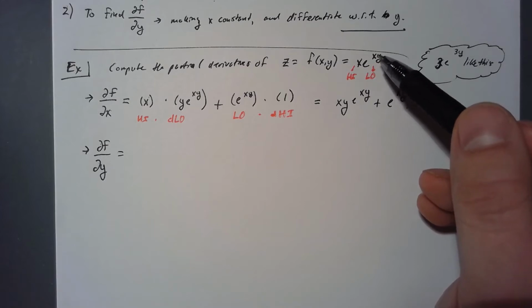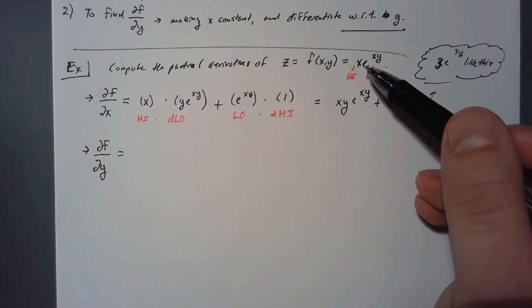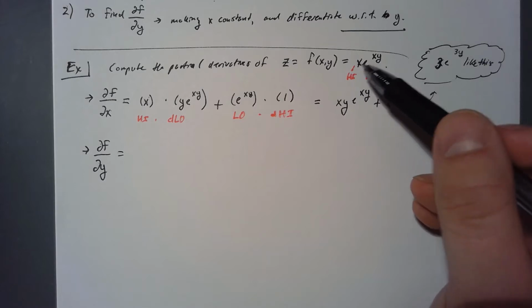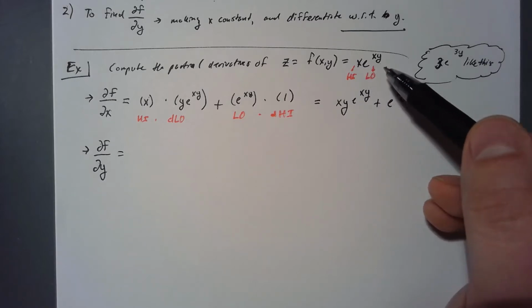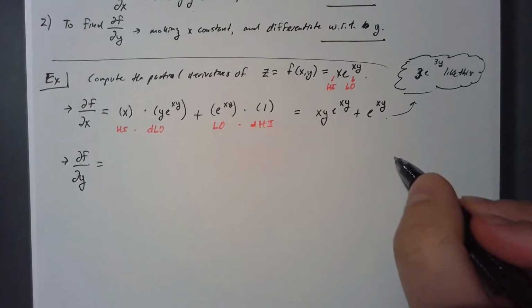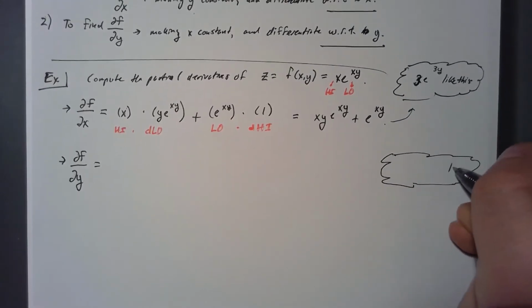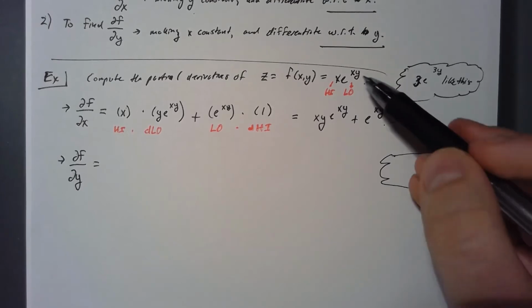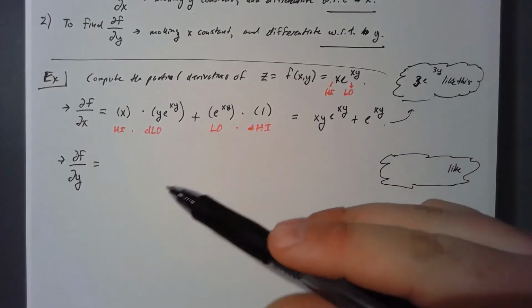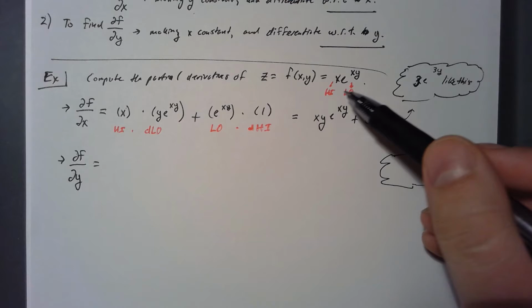Well, in this case, I'm not going to use the product rule here. So this right here, this is like what? If I write it here, in this case, I'm going to let y be constant. Or I'm sorry, I'm going to let x be constant.